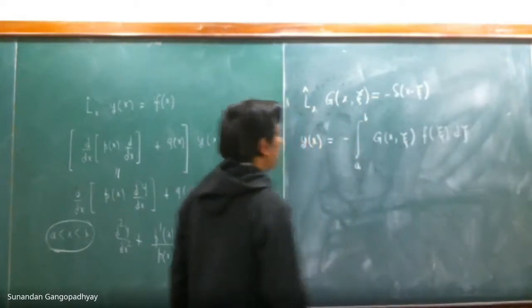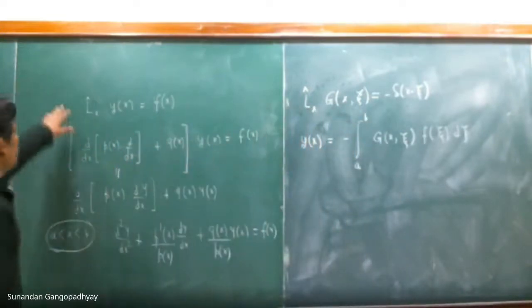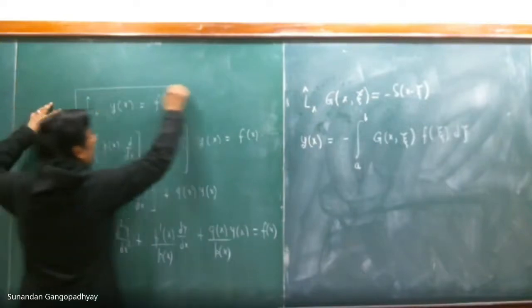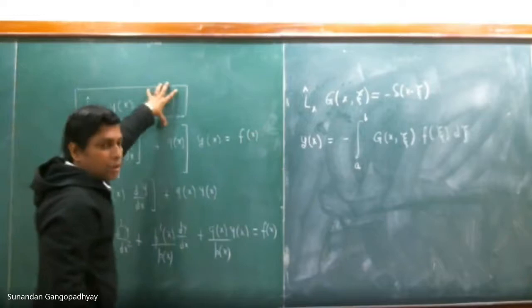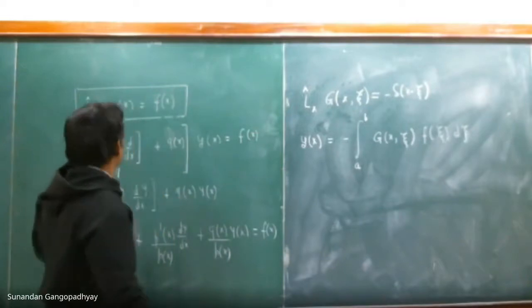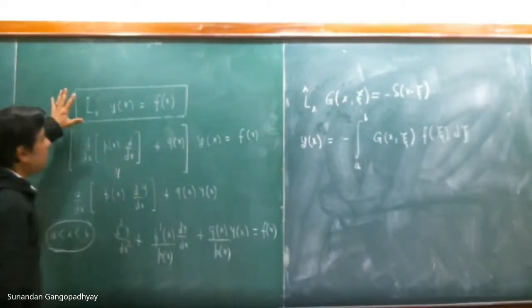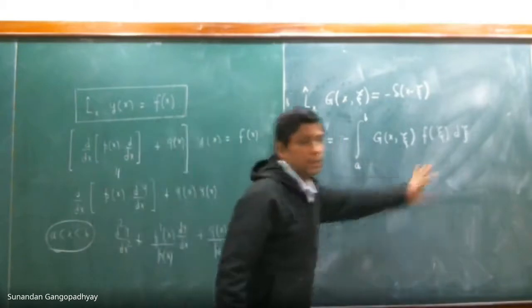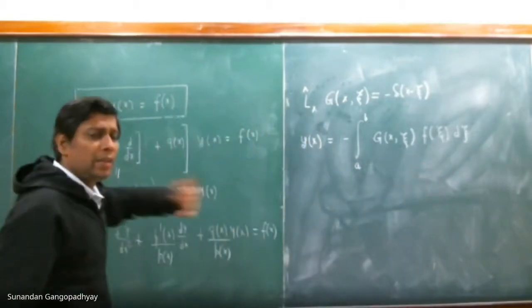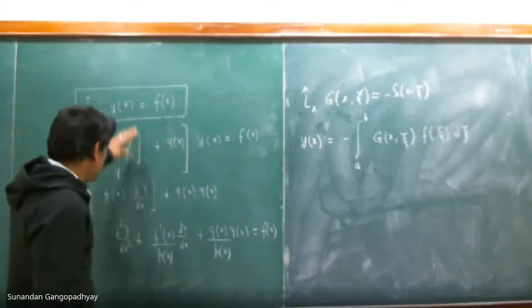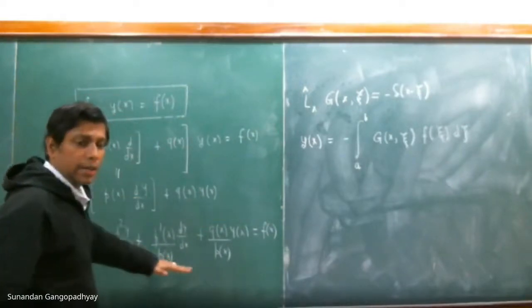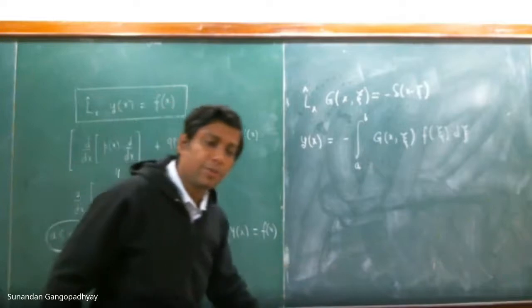So the solution of this differential equation, where f of x is a known function of x in general, is basically given by this thing, where L at x can be any differential operator for the time being, but we shall carry out our analysis when L at x is a second order differential operator in the Sturm-Liouville form.